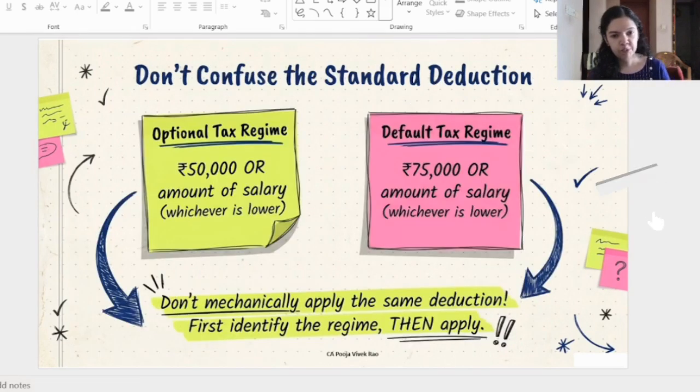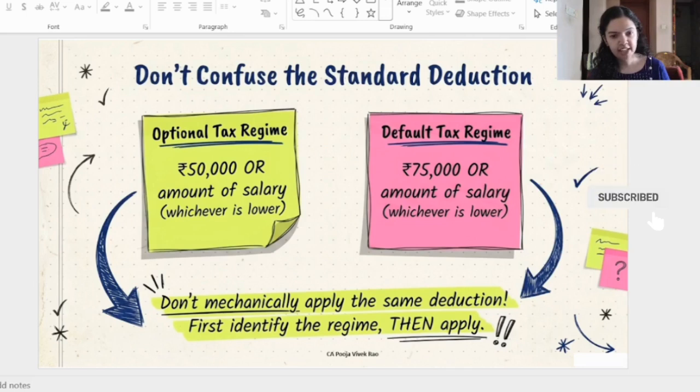One of the most important differences you need to remember is the standard deduction. It was noticed that most of the students get confused in the standard deduction part. Under the optional tax regime, the standard deduction is rupees 50,000 or the amount of salary, whichever is lower.